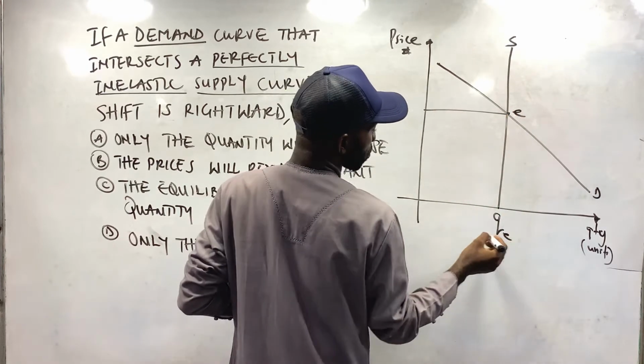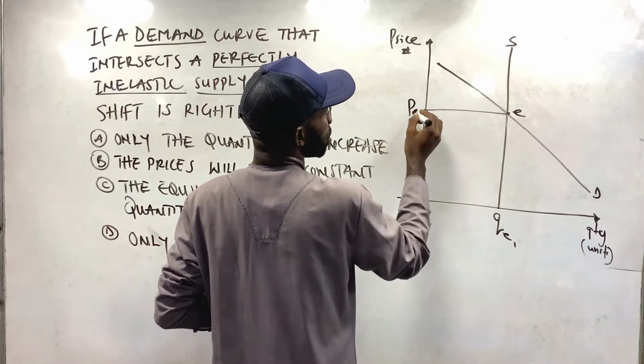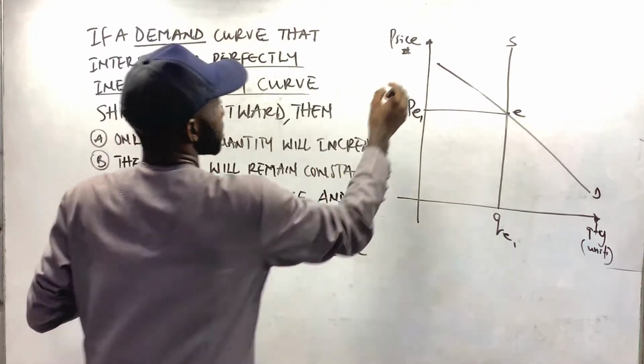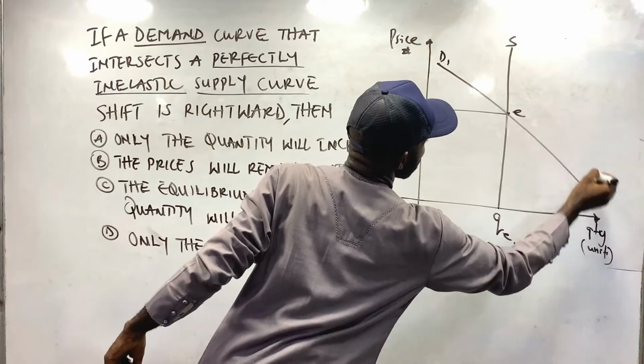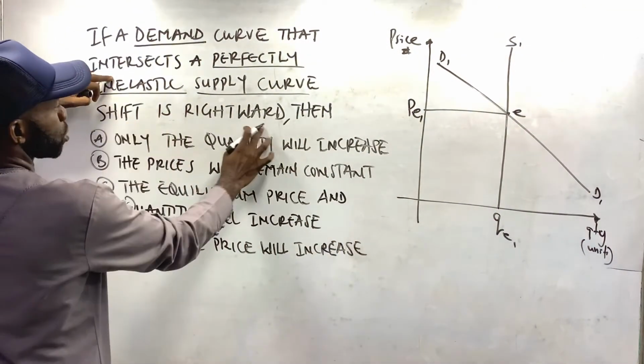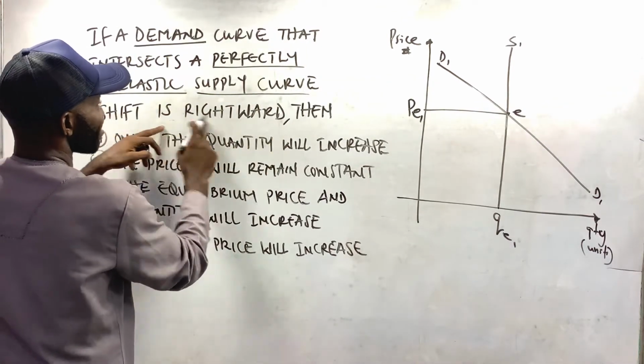You have equilibrium quantity 1 and equilibrium price 1. What do we do from there? We obey the instruction. The instruction says the demand curve, this is D1 please, and this S1, the demand curve will have to shift to the right. The shift of this demand curve is rightward.